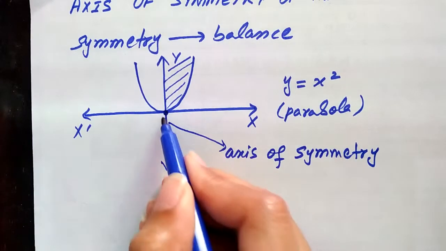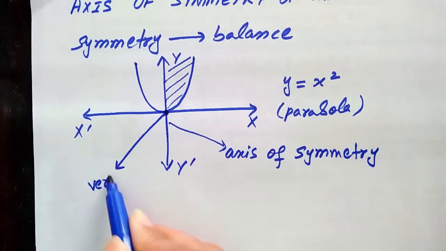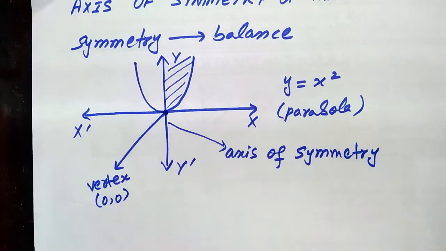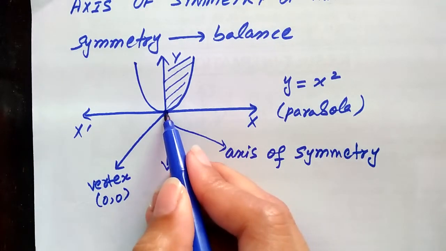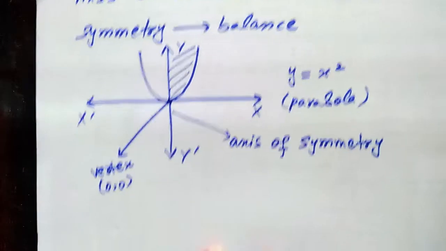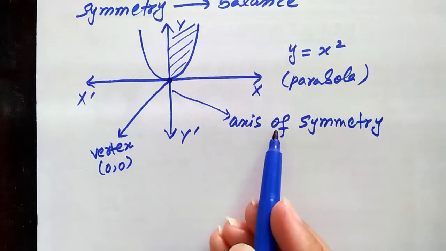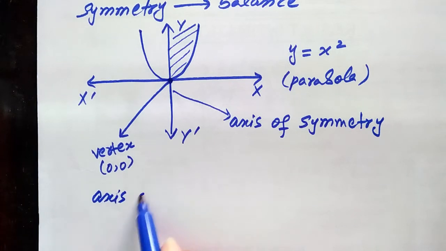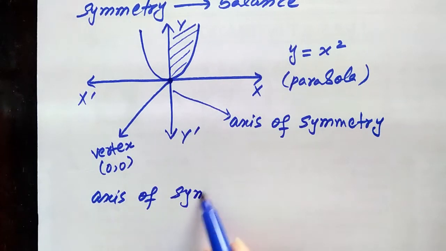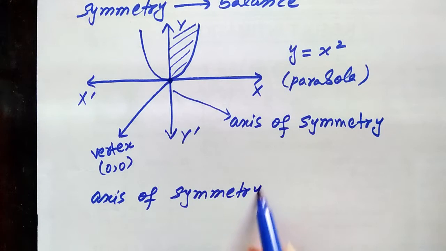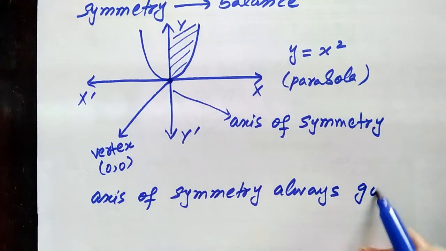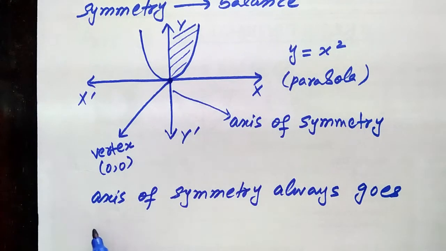This point is called the vertex of the parabola, and here its value is (0, 0). So when we talk about the axis of symmetry related to the vertex, basically the axis of symmetry always goes through the vertex of the parabola.